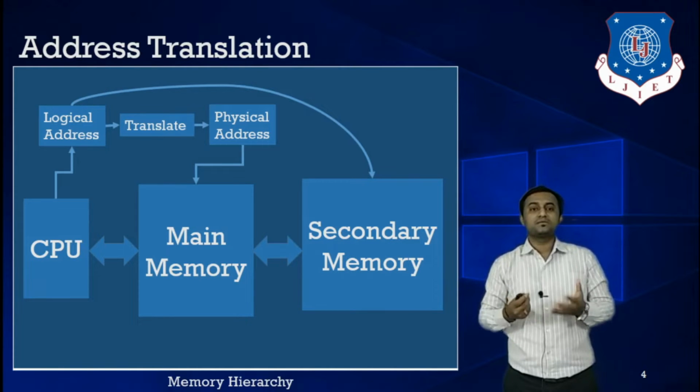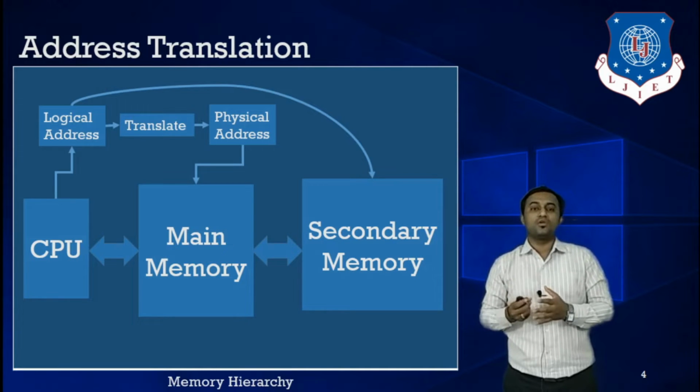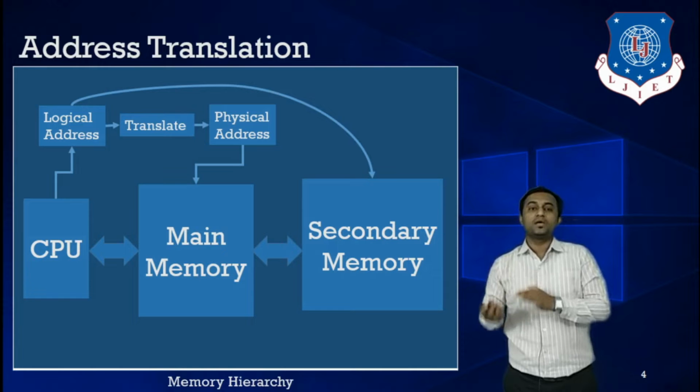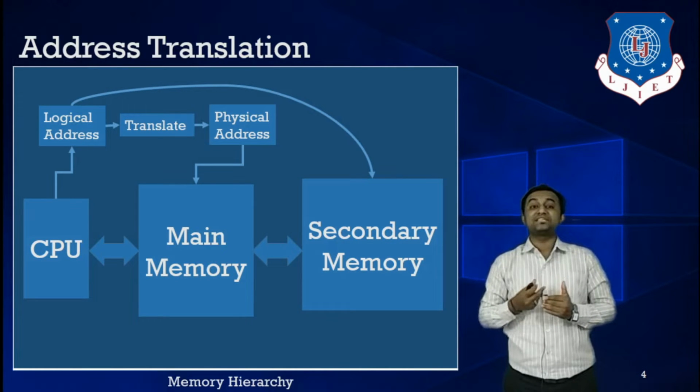What does it mean? If we have a program stored in secondary memory, and that program needs to be executed in the CPU, first of all that program needs to be shifted from secondary memory to main memory with the help of the operating system. And once it resides in main memory, still the CPU cannot directly execute that program. Why?